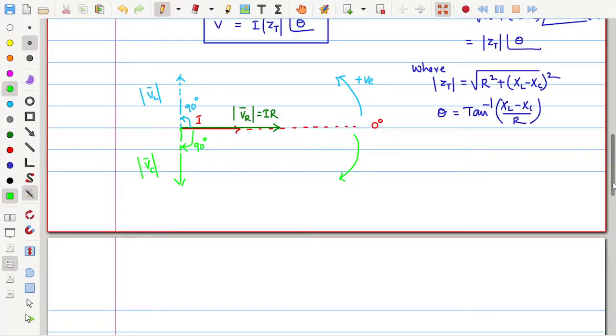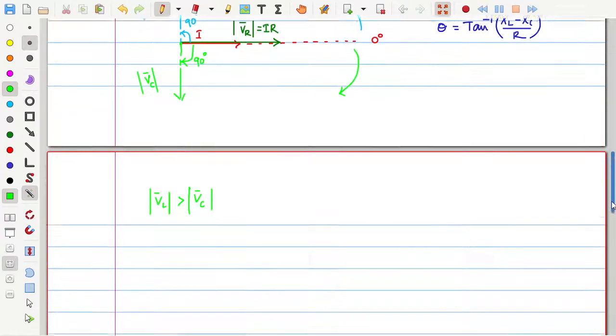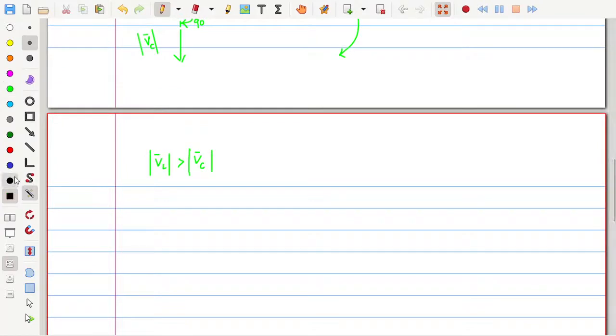Now for example, if somebody told you that VL has more value than VC, just for this case I want to show the phasor diagram. So I have already VR magnitude, and now VL is on the top side, VC is on the bottom side.